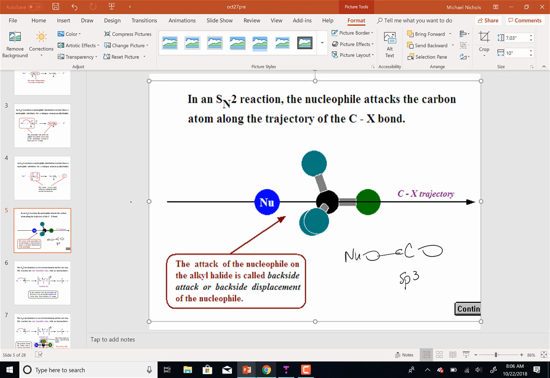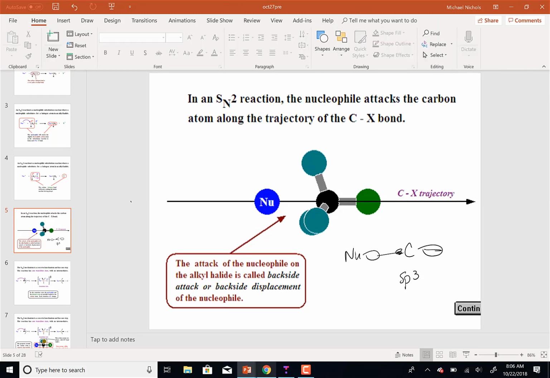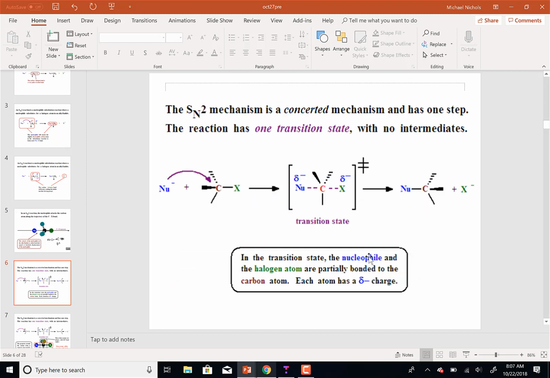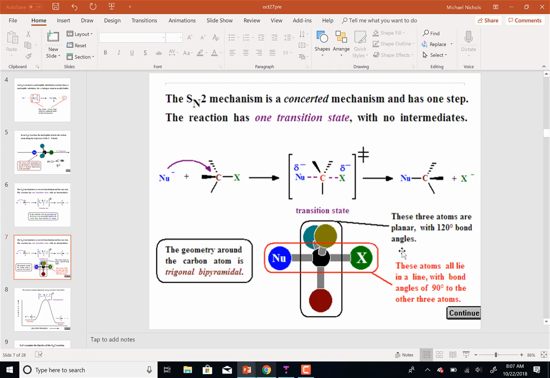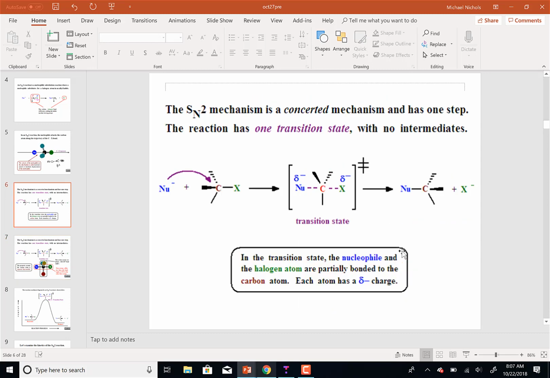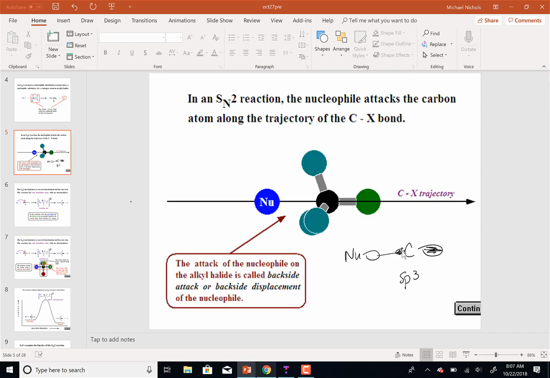So there was a possibility, at least theoretically, that the nucleophile could have attacked from the front side. But now that we know about this little lobe of the sp3 hybrid orbital, it has to attack from behind because it's basically going to use that orbital to overlap with the other orbital of the sp3 hybridized carbon.